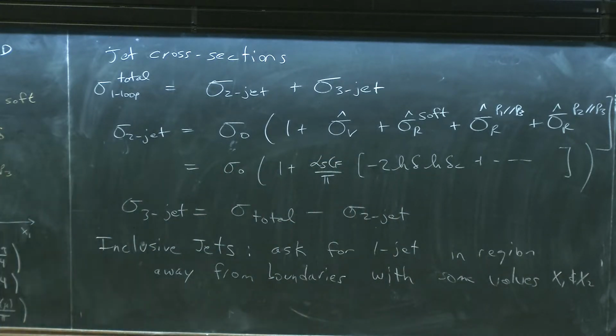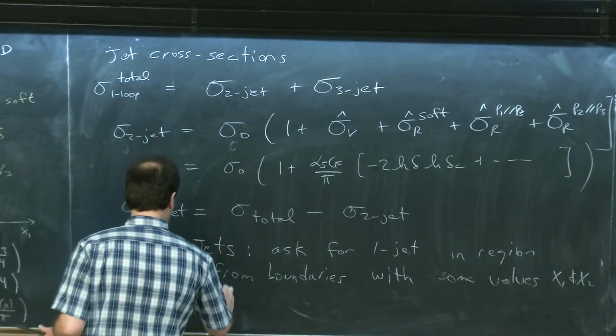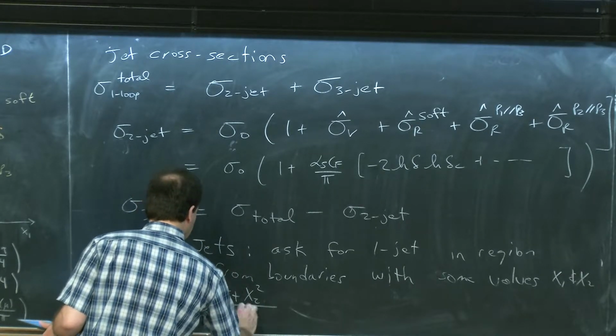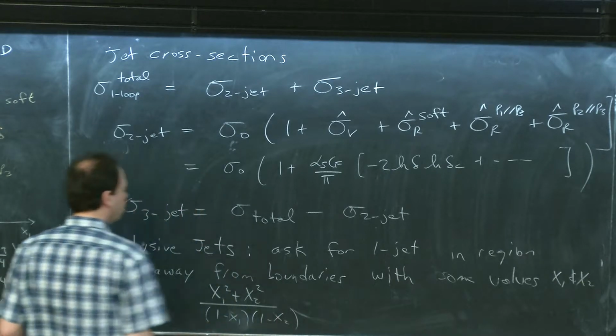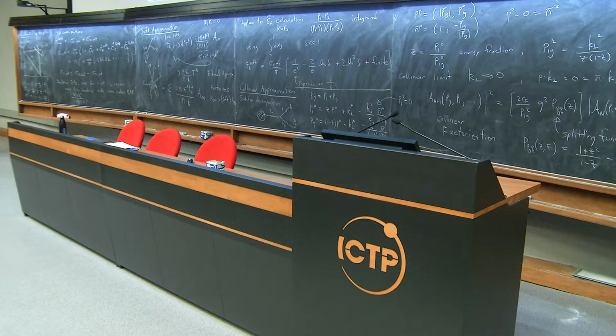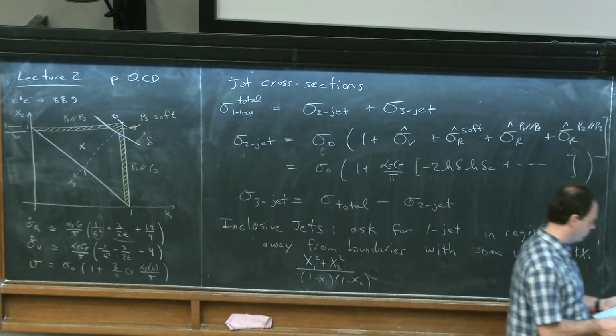So I just ask, what's the cross-section here? And if I'm away from the edges, then I can trust my perturbative QCD calculation, and I can just think about calculating that in terms of x1 and x2 using the distribution, which is perfectly well behaved away from the edges, x1 squared plus x2 squared over (1 minus x1)(1 minus x2). I could just use that as my jet cross-section. So that's what's called an inclusive jet calculation, whereas this is like an exclusive jet calculation, and both of them are used. Both of them are measured. So both of them are useful terminology to have.